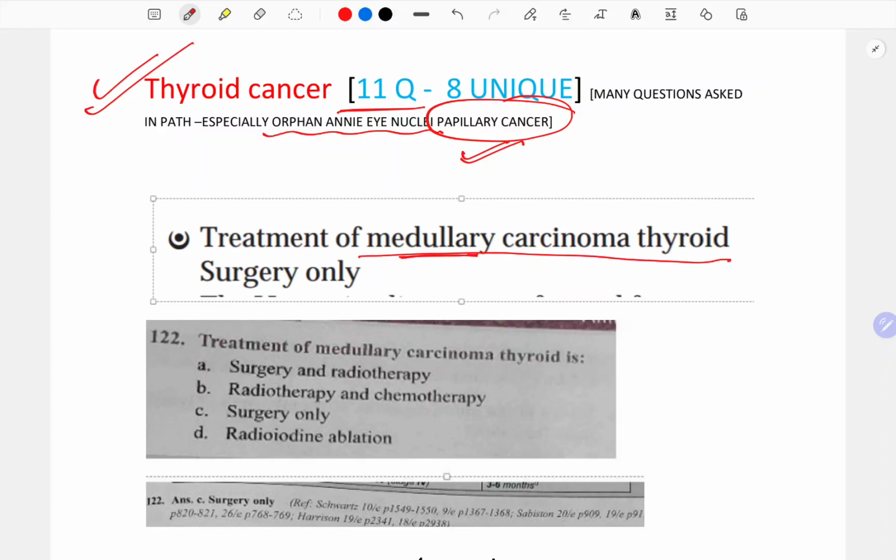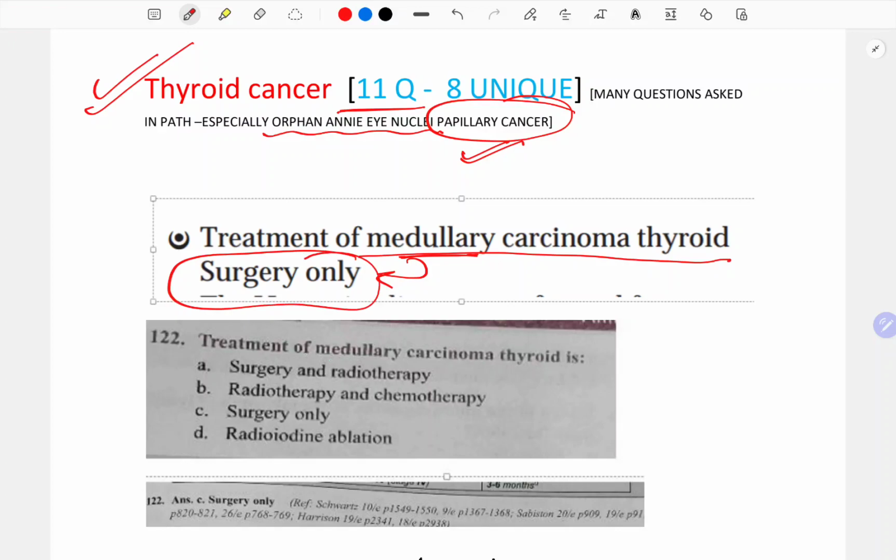See, medullary carcinoma thyroid is shown to have no effect with chemotherapy or radiotherapy, and there is no role of thyroid scan or radioiodine ablation. Chemotherapy and radiotherapy are only given in cases which are recurrent or high risk. So here the treatment would only be surgery, the type of surgery depending upon the level involved.